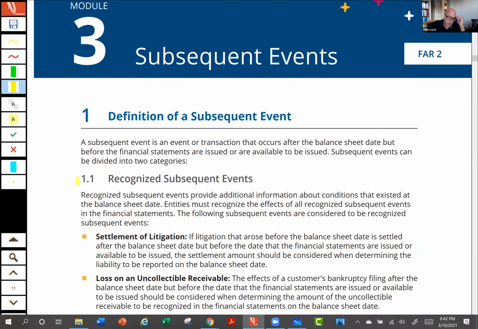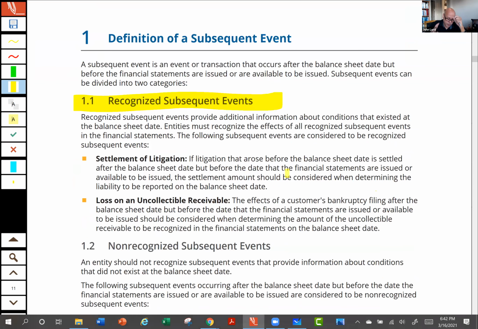We call those recognized subsequent events. The other type are non-recognized subsequent events, where the conditions did not exist at the balance sheet date, but arose after the balance sheet date, but before the financial statements were issued.